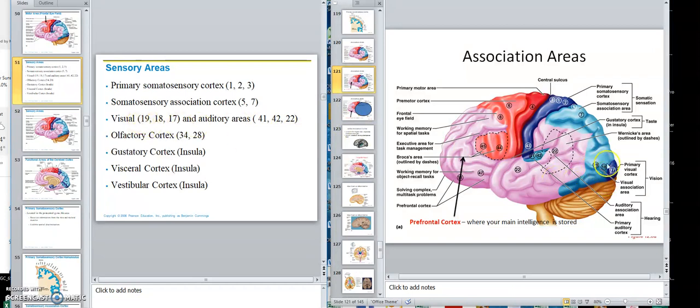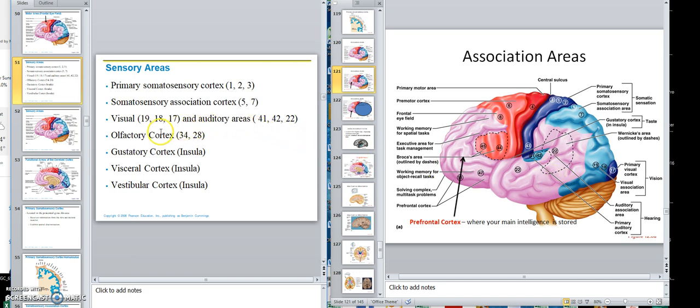Some of it is the primary visual area where you actually see, and then what did you see? The association area is always close by. In sensory, you need to know it's there, but then what the heck is it? The association area says, what the heck is it?